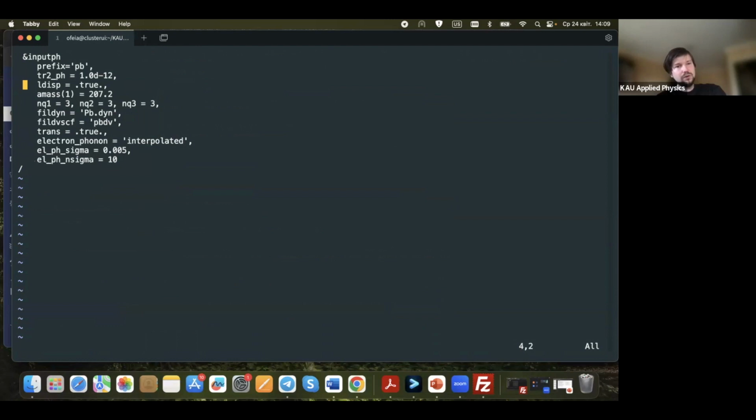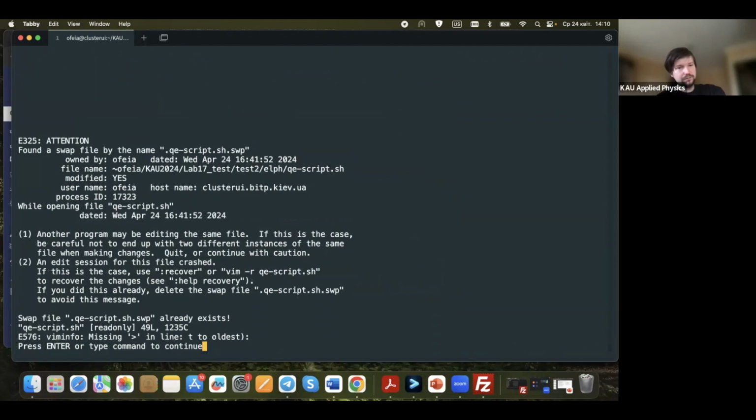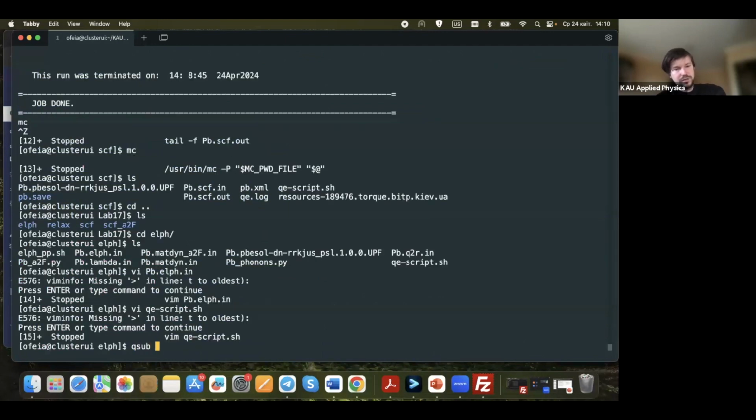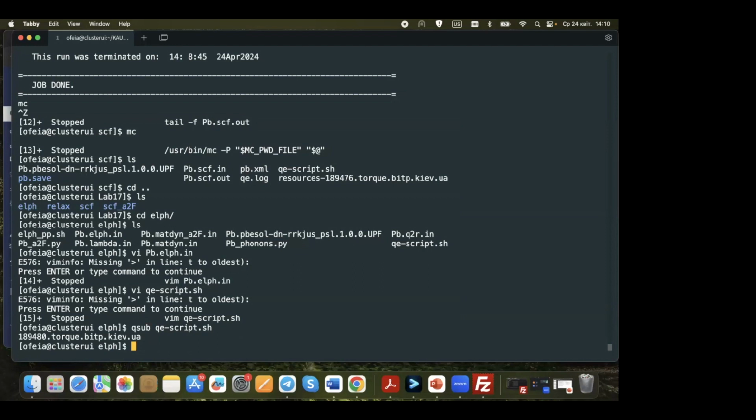Okay. Let's start the calculation maybe, and then we will discuss it because it will take some time. So you can just start the QE script, and then we will discuss it. You don't need to copy anything in this folder.